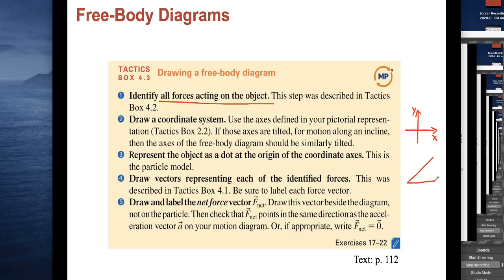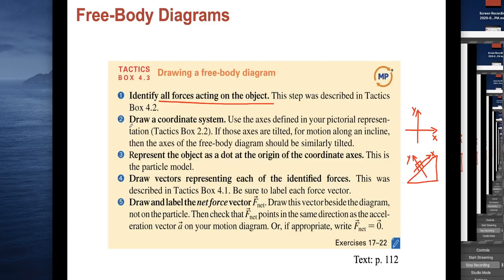For example, if your object is on a ramp, do you remember that? We have to tilt the coordinates in this way. So this is x, this is y. This is just for convenience. This is the second step.